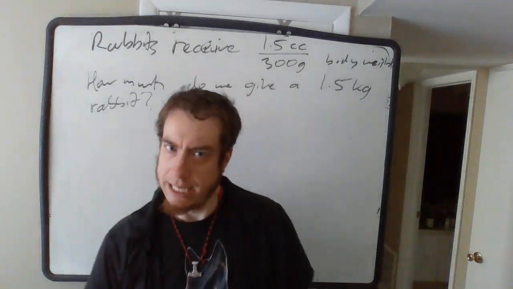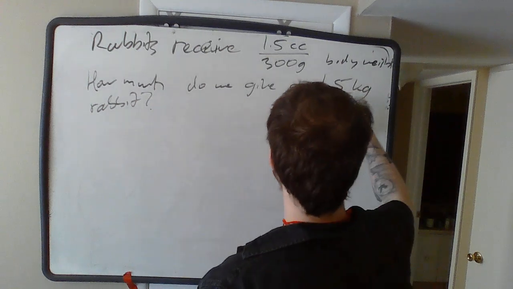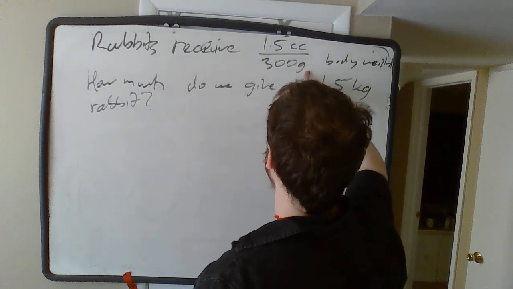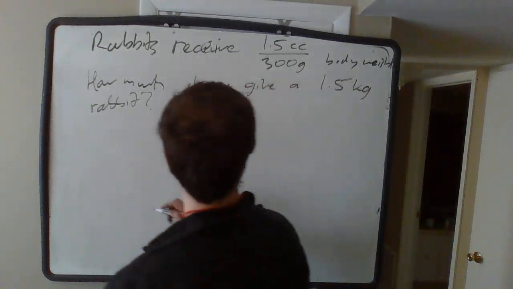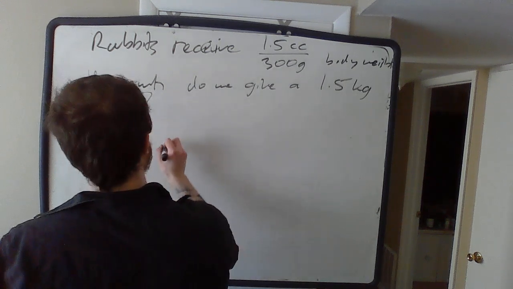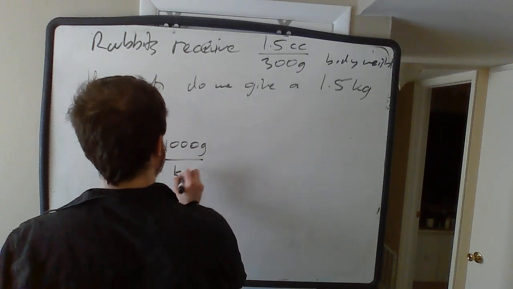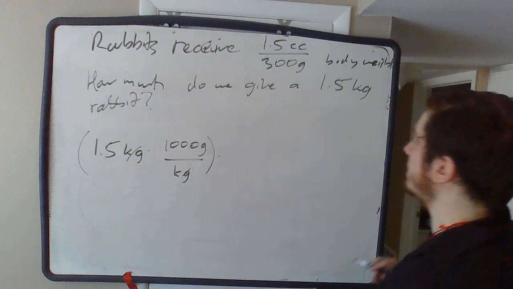You have to think about the units that are involved. So if I have something in kilograms, but this is in cubic centimeters per grams, I need to convert this into grams first. So I have 1.5 kilograms. I need to multiply that by 1,000 grams per kilogram before I do anything else.